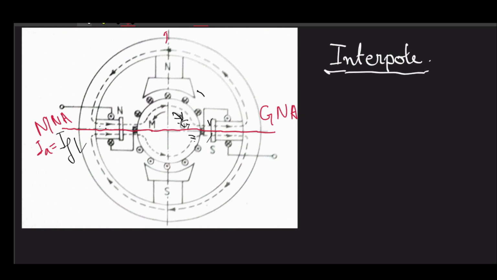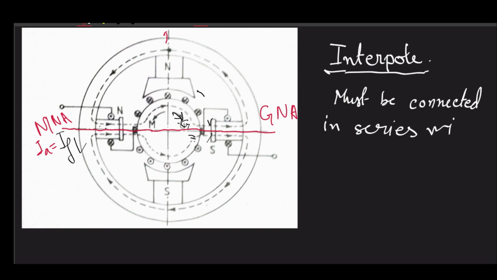That this interpole must be connected in series with the armature. This is point 1.